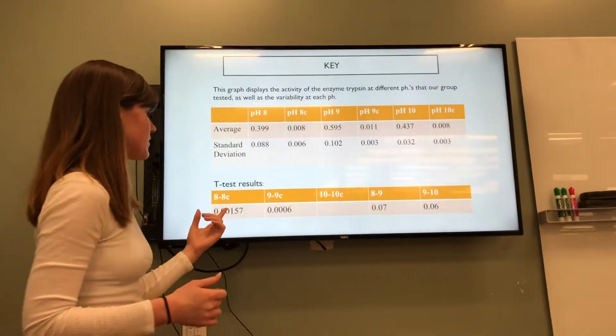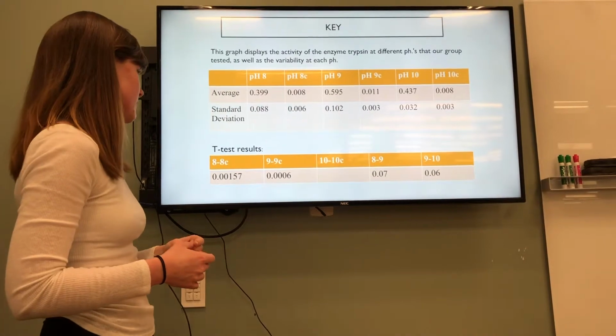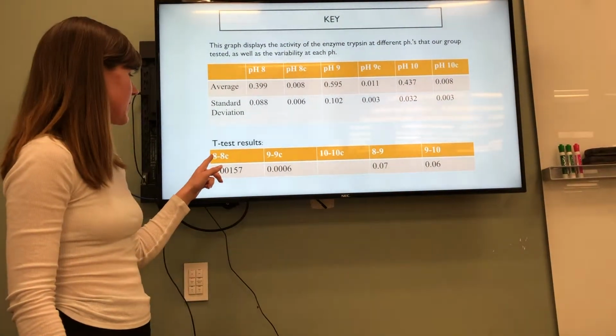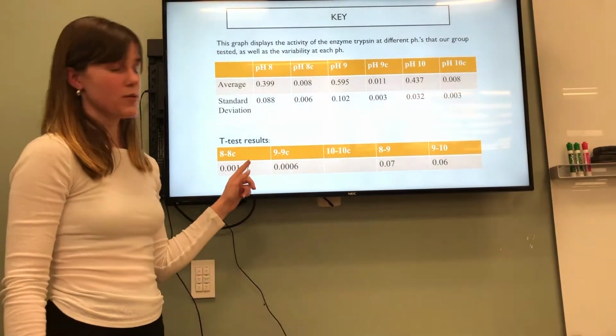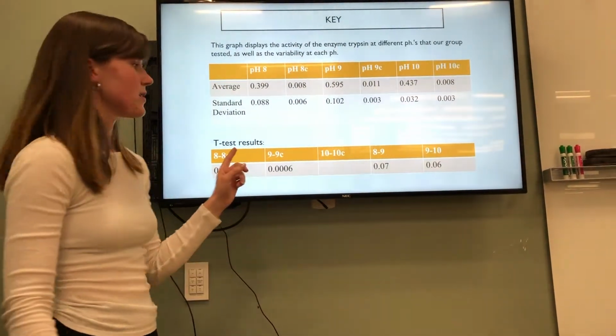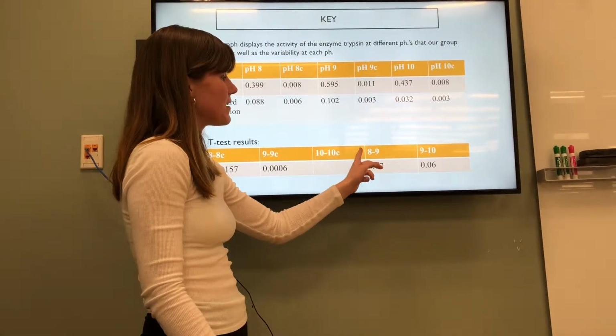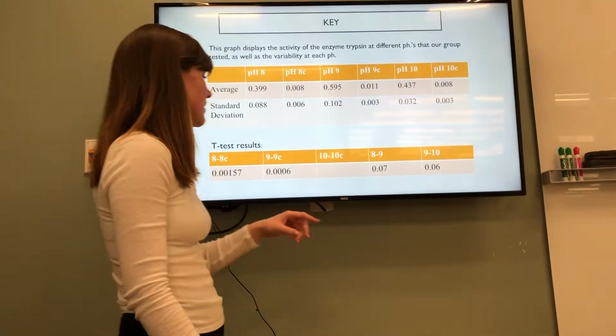And as for the t-test results, we did a t-test between pH 8 and its control, pH 9 and its control, pH 10 and its control, and then we did t-tests between pH 8 and 9 and pH 9 and 10.